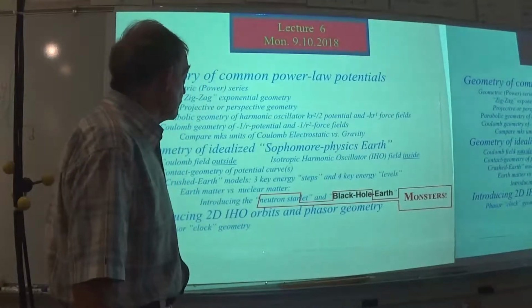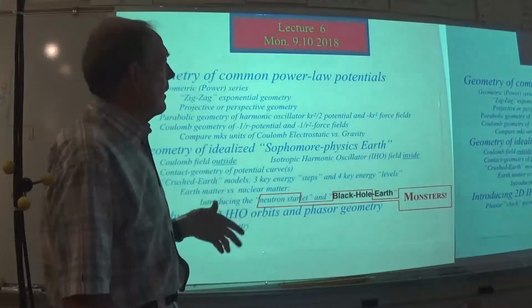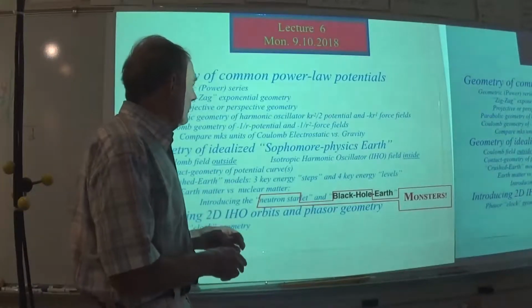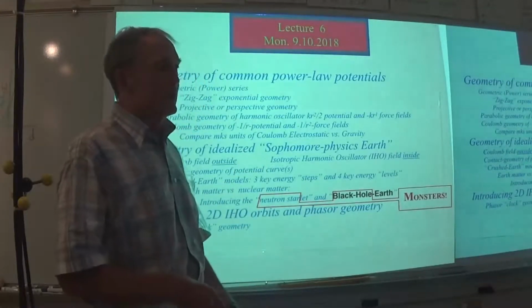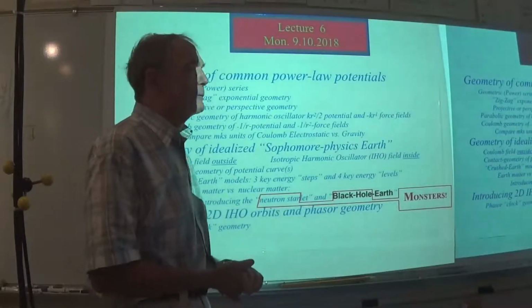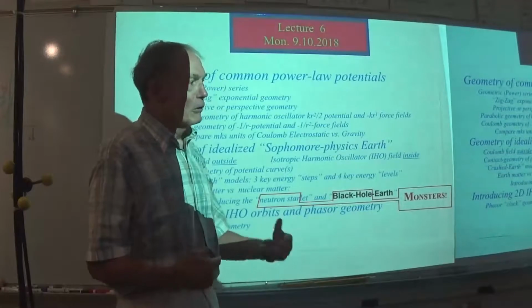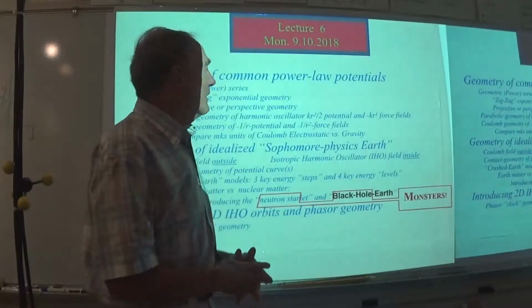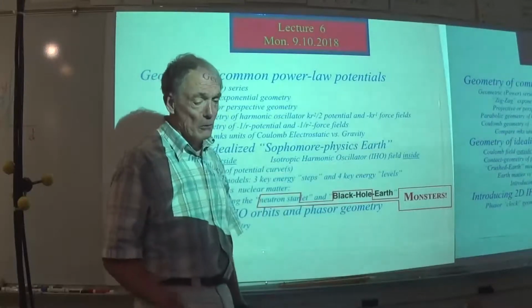And I have a thing called the Neutron Starlet that I'm going to make problems out of. These are very special problems, but imagine that you had some little piece of nuclear matter that was orbiting inside the Earth. It's so dense that the Earth is just cotton candy compared to it, but it would feel the gravitational field, and therefore it would perform an orbit, and that's what we like to see, isotropic harmonic oscillator orbits.